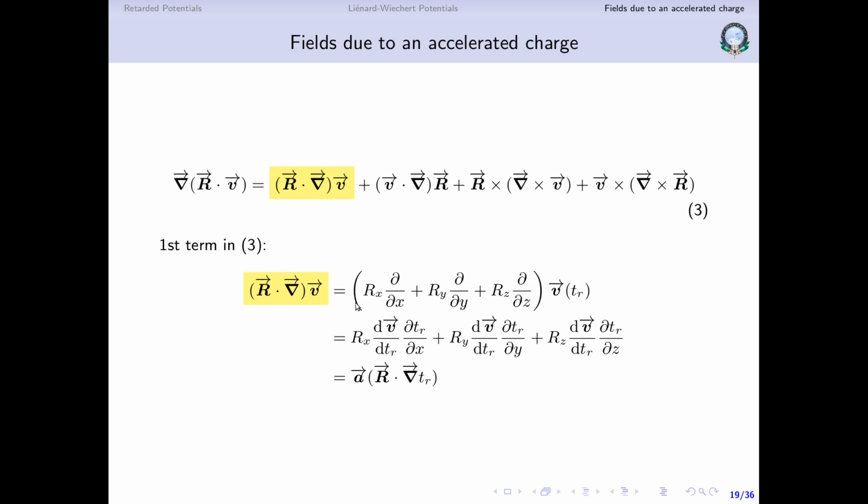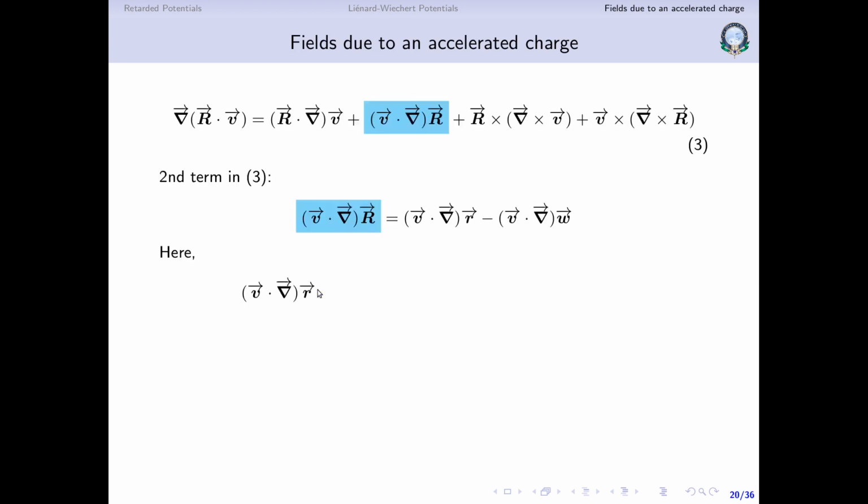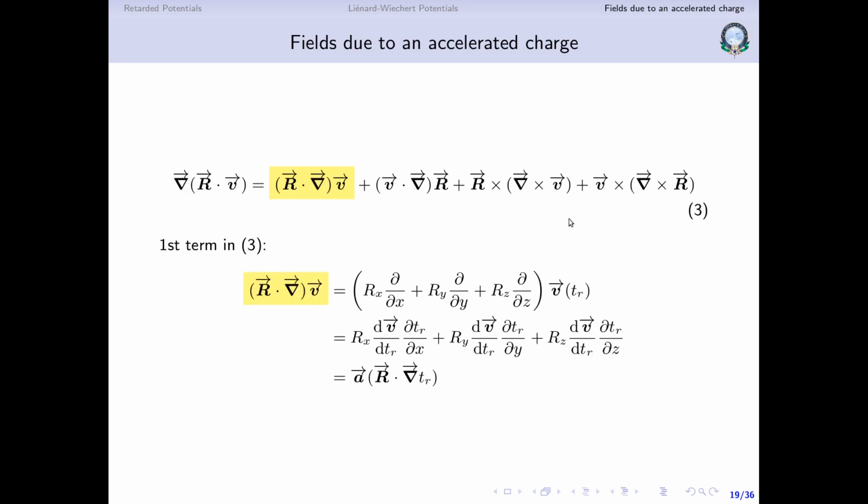Okay, so we expand this, and you see that outside this is the operator, and W is a function of TR, and here V is a function of TR. As a result, we had the derivative of V with respect to TR, which is A, and then this del will be replaced with the gradient of TR.